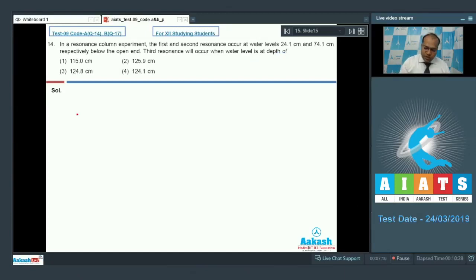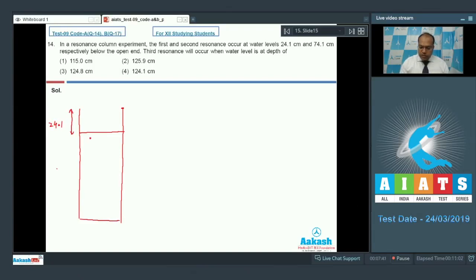So let's analyze the situation. Suppose this is a resonance column tube, and initially from this open end the water level is at a distance of 24.1 centimeter.